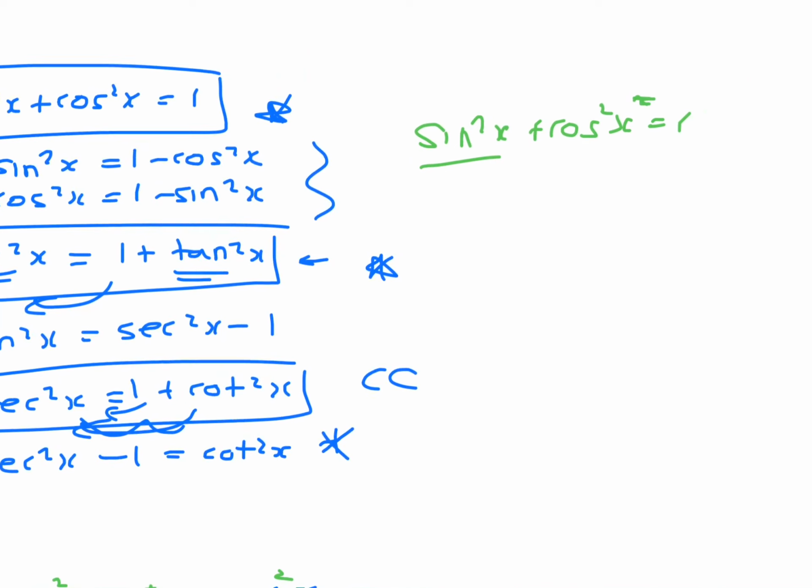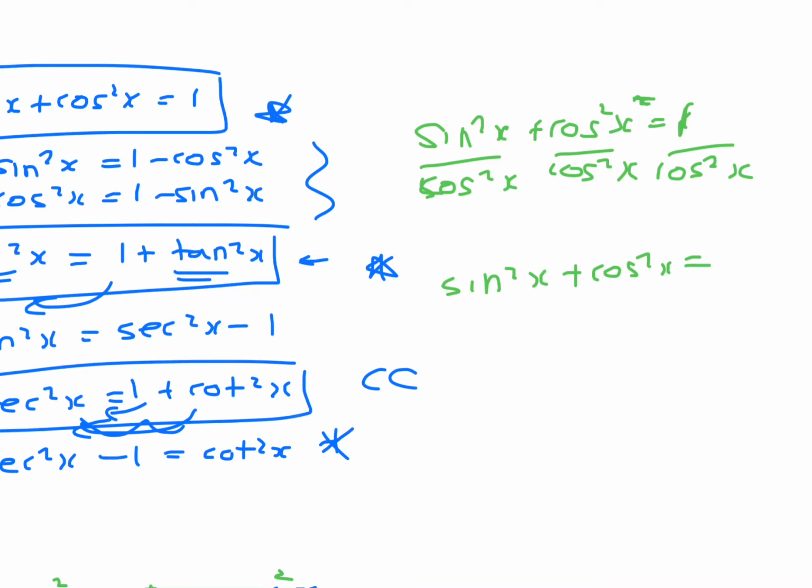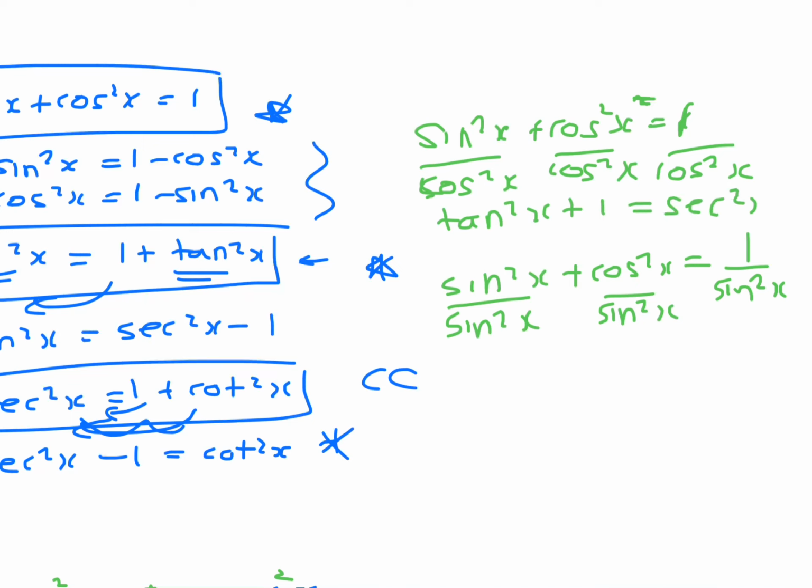If you want to get sec squared, you've got to divide by cos squared x, and if you want to get cosec squared, you divide by sine squared x. So if you look at this one, this is tan squared x plus 1 equals sec squared x. And this is 1 plus cot squared x equals cosec squared x.